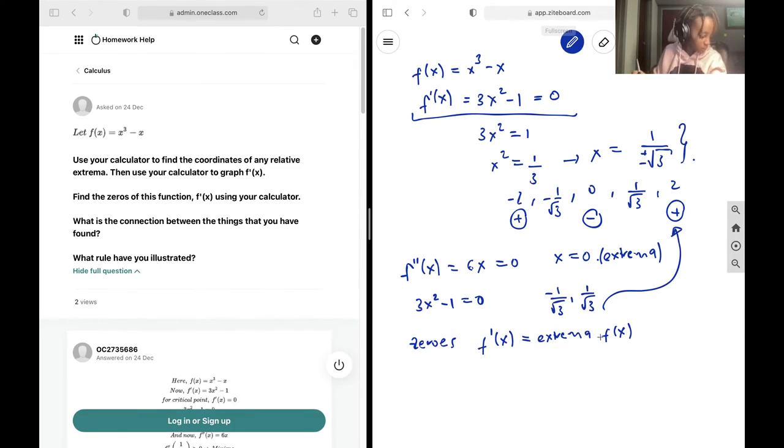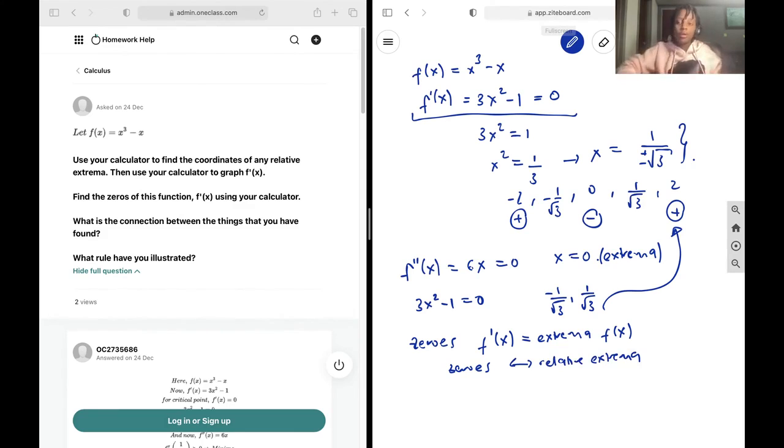And what this is demonstrating is the relation between zeros and relative extrema, but in functions that are derivatives of one another.